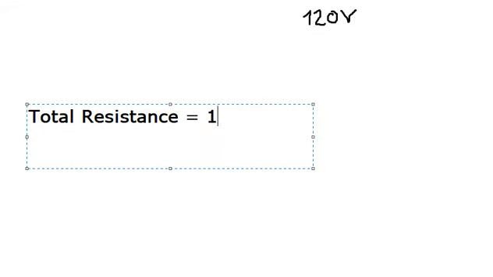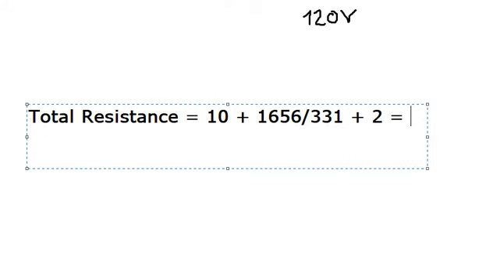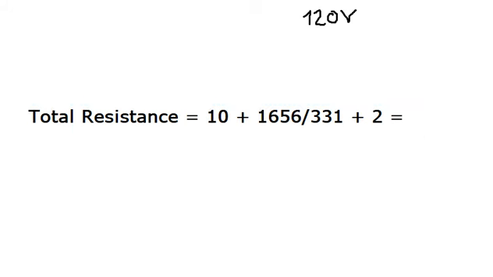That's 10 plus 1656 over 331 plus 2, and we got 5628 over 331. So this is the total resistance in here.